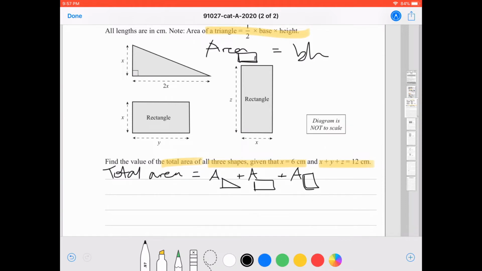Okay, so all we have to do is use the side lengths that we've been given and substitute them in.